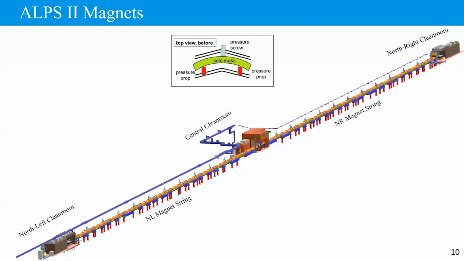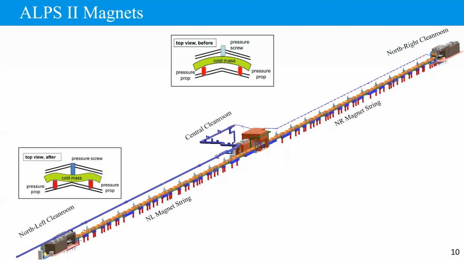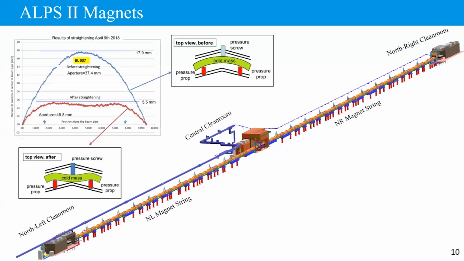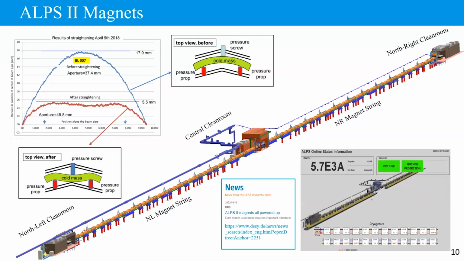In order to have a sufficient free aperture for the circulating beam in the cavity, we had to straighten the magnets, which I guess is a great success for the engineers. By straightening the magnets, we were able to increase the free aperture from 5.5 millimeter to about 18 millimeter.